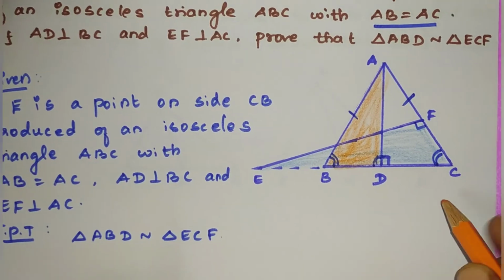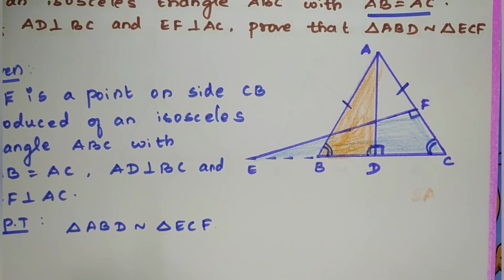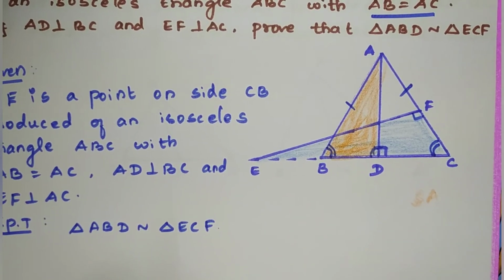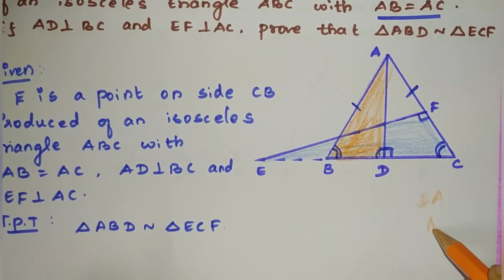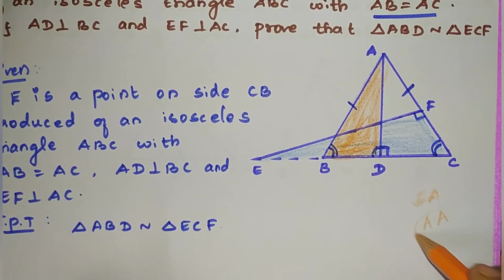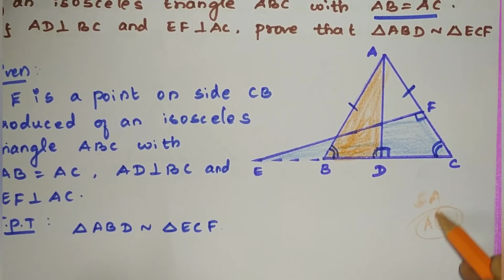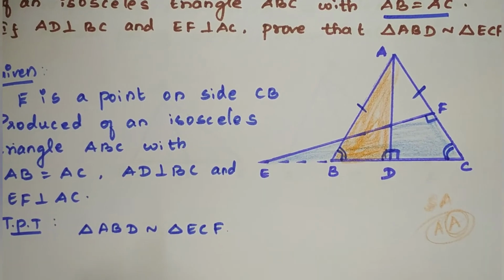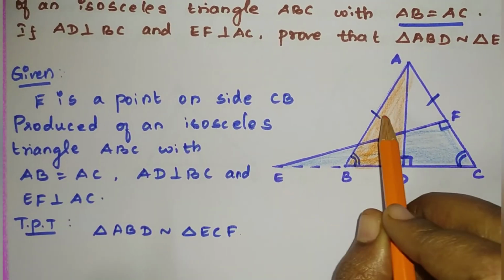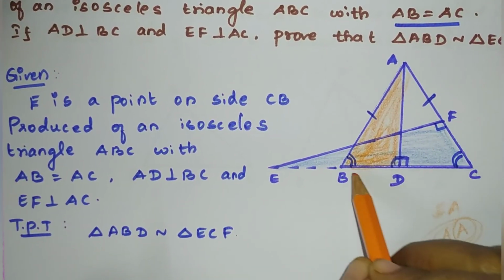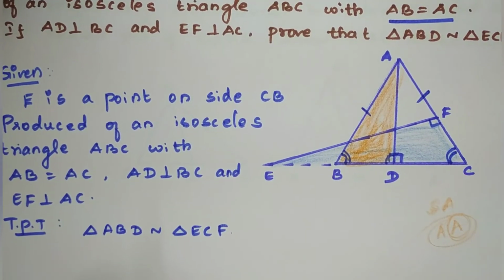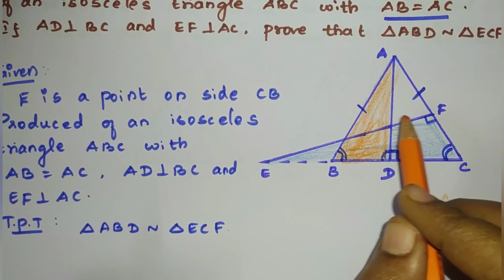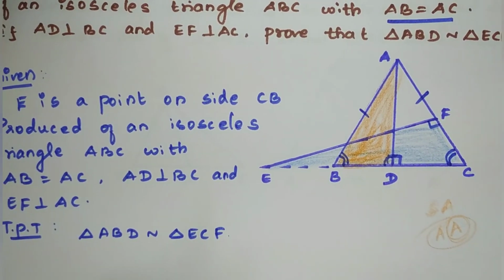We don't have any criterion like SA. So only we have AA. We can choose AA, but we want one more angle. For that, from the given only we have to identify that angle B and this angle C are equal, by using the theorem, angles opposite to equal sides are equal.